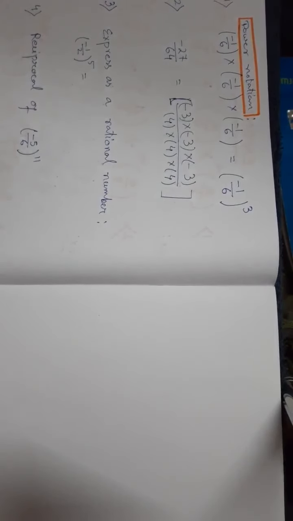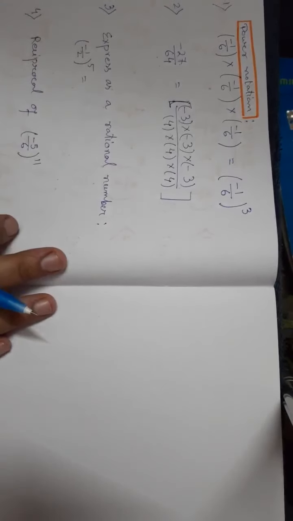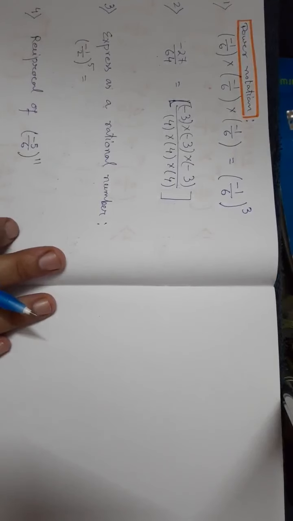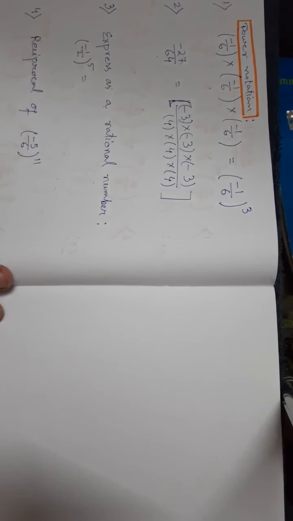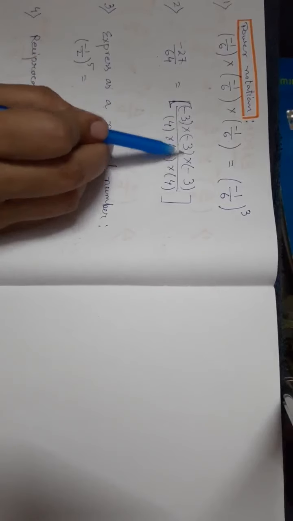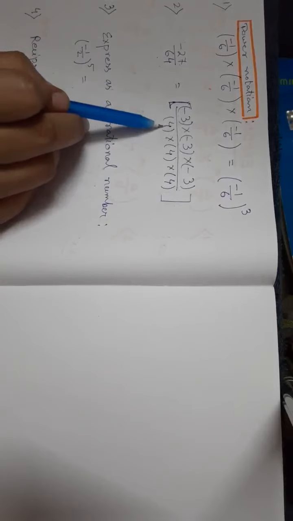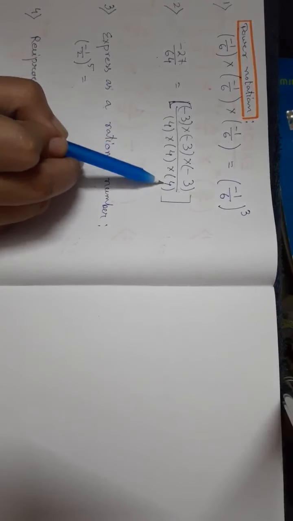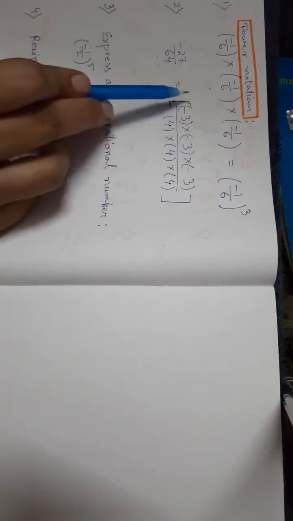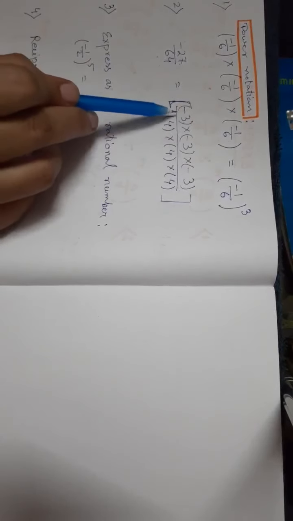In the second question, this one is given: minus 27 by 64. Now this minus 27 by 64 you have to express in power notation. Now this minus 27 we can write in this form, minus 3 into minus 3 into minus 3, and this 64 we can write as 4 into 4 into 4. That means the numerator minus 27 we are writing in this form.